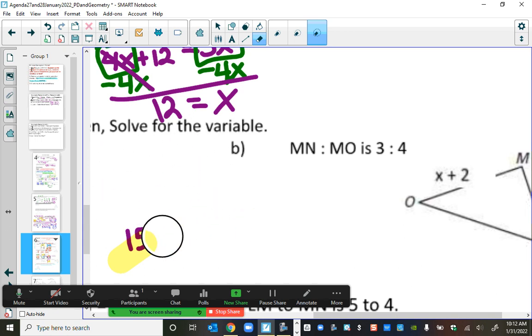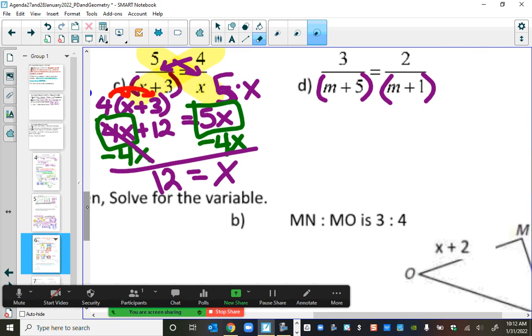I'm going to need more room later. Let's see. This other problem.